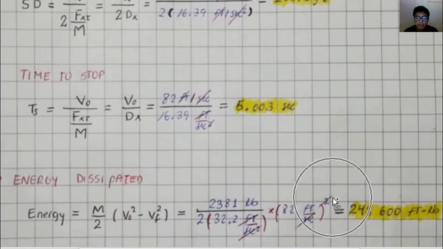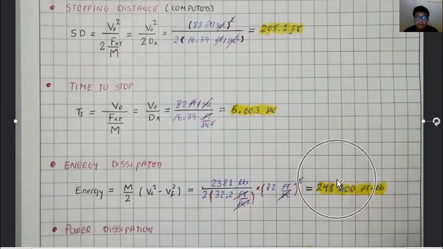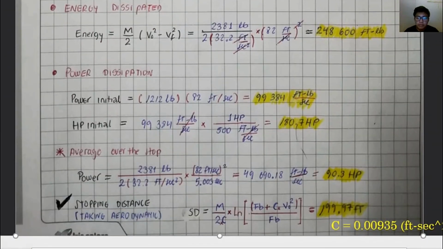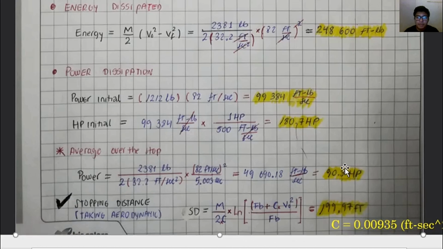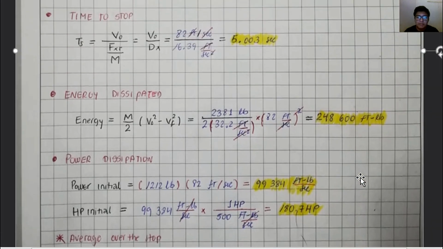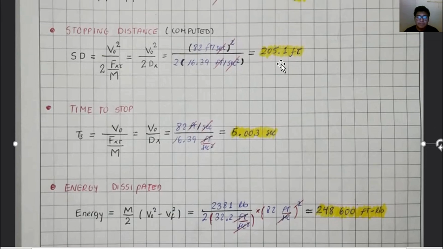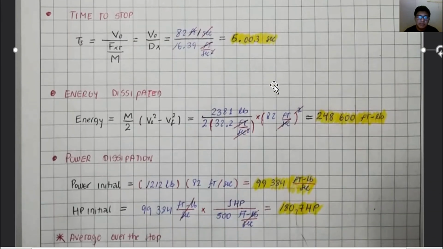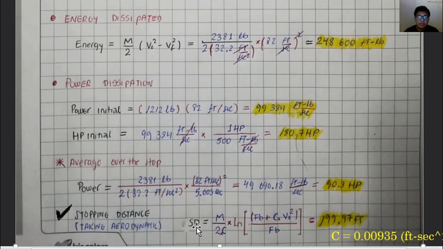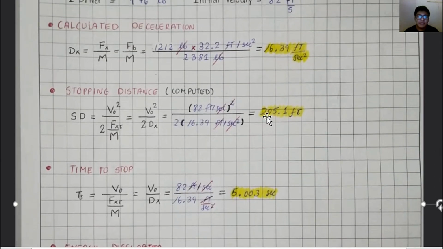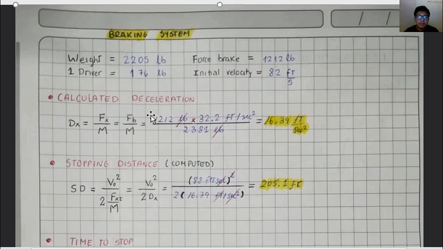The value here is 199.97 feet. It is almost the same as the previous stopping distance, which didn't consider aerodynamics. This is the calculation with respect to the braking system. Thank you.